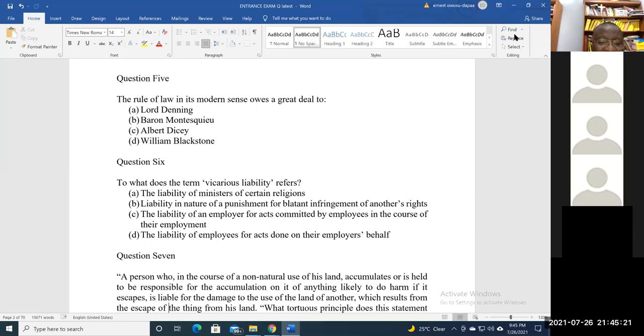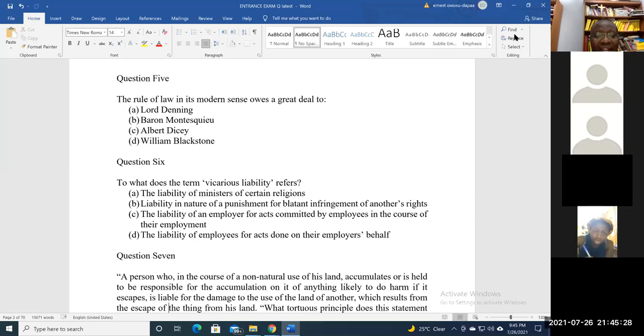So let's look at D, the liability of employees for acts done on their employer's behalf. So now the answer will have to be juggled between C and D. They both appear correct, but one is more correct than the other. So that is what we have to emphasize. A and B are out. So now we have to juggle between C and D. Let's look at D again. The liability of employees for acts done on their employer's behalf.